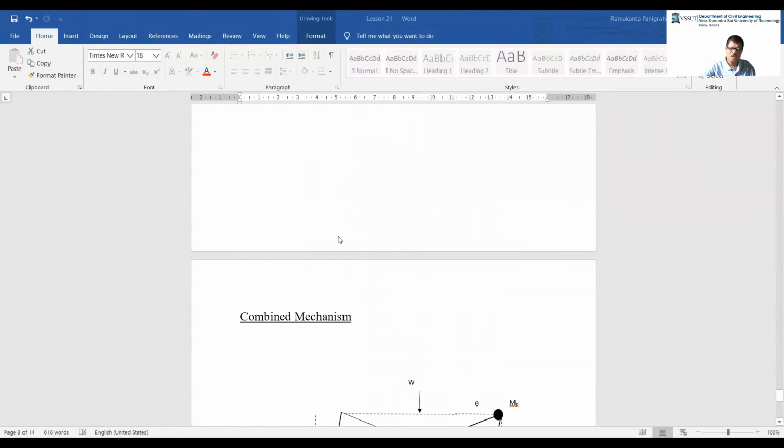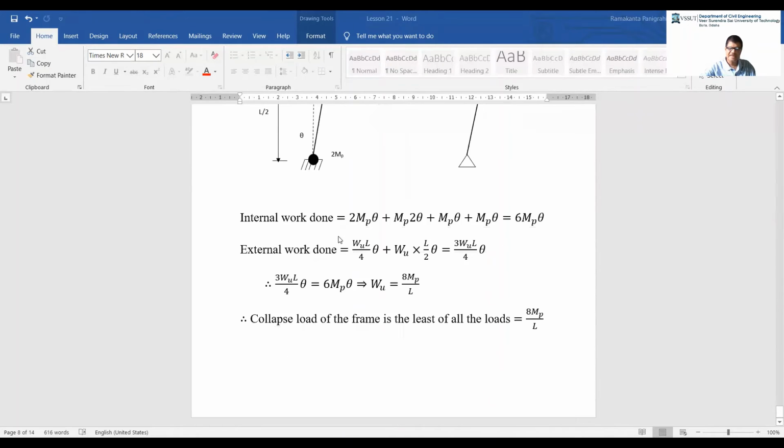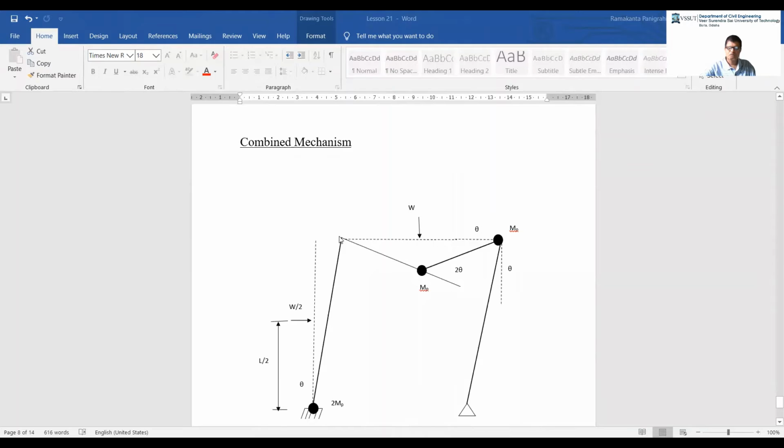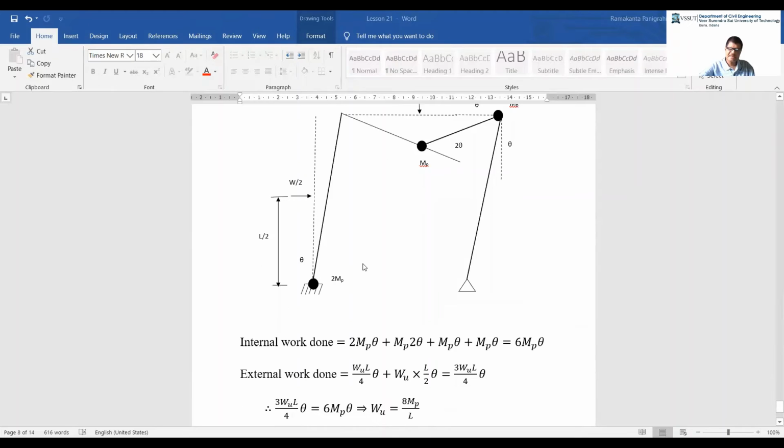Let us go to the load combinations. If we go to the combined mechanism, it will be like this. We will combine this beam mechanism with this sway mechanism. It will come like this. Here this angle will remain 90 degrees, right?